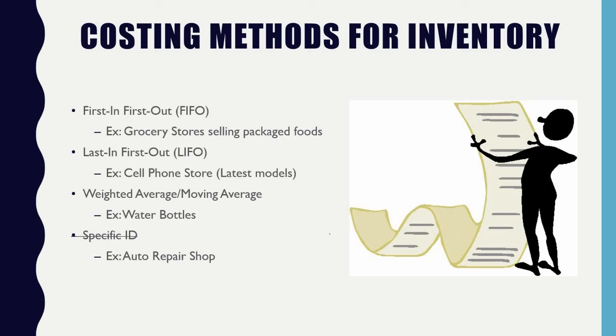Everyone wants the latest and the greatest. So for that example, you're more likely to sell out a brand new product versus your older models. But your older models are still selling. So that's why it's last in, first out, because the latest and most brand new things that you released or purchased very last will be the first to sell out.